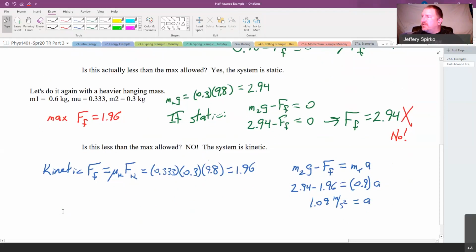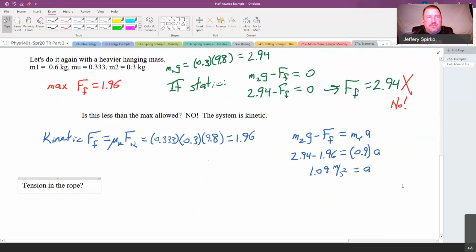And then the one other thing I wanted to talk about here is the tension in the rope. So to deal with the tension in the rope, we have to think about M2, and it's M2G, and it's force tension. And let's go back to static with M2 equals 0.1.